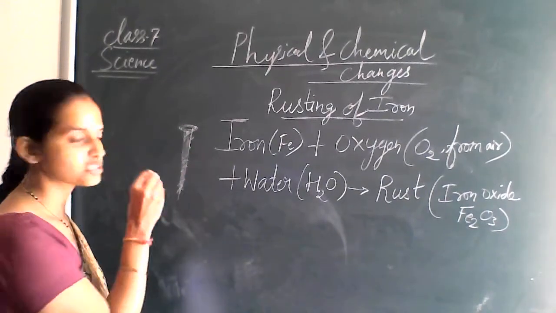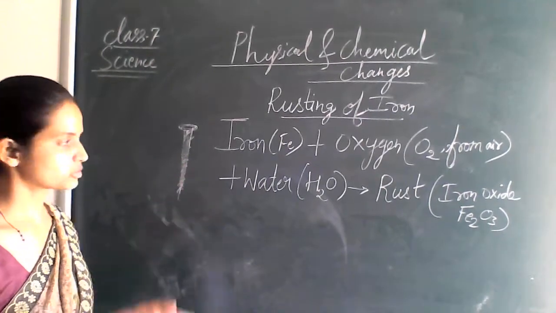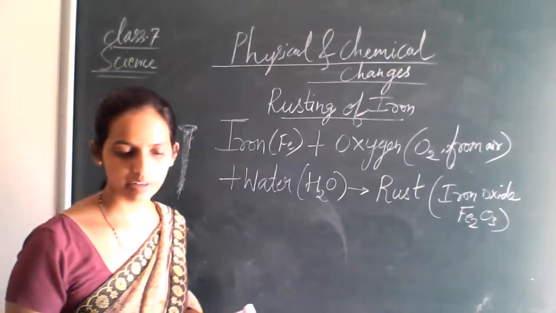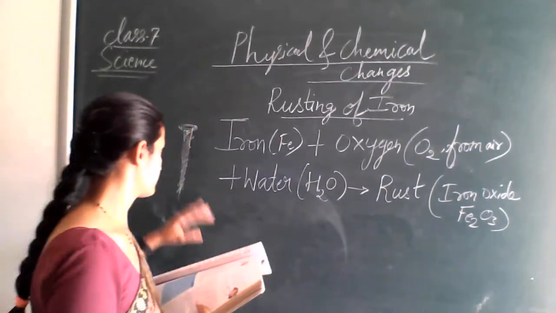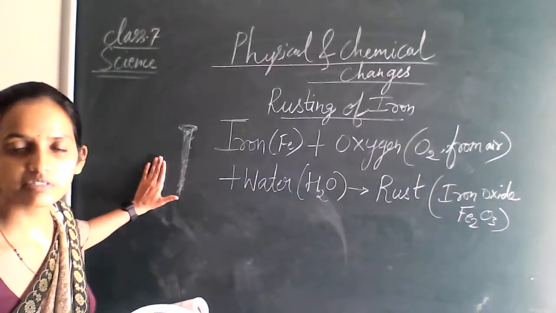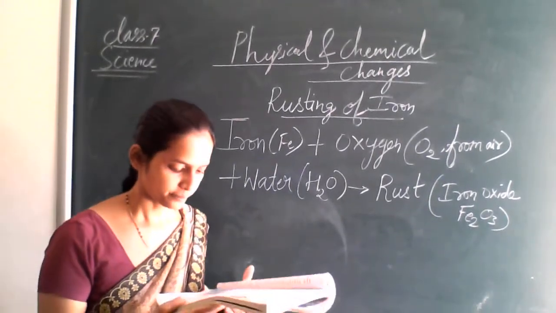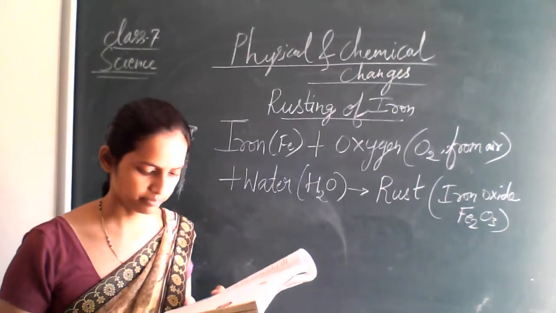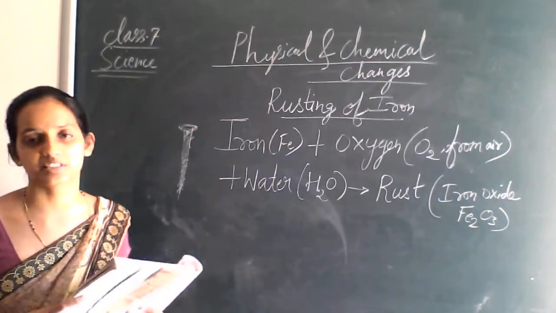A reddish material sticks to the surface of the iron nail. That is your rust. A reddish brown coating you can see on the surface of the iron metal. That is your rust.